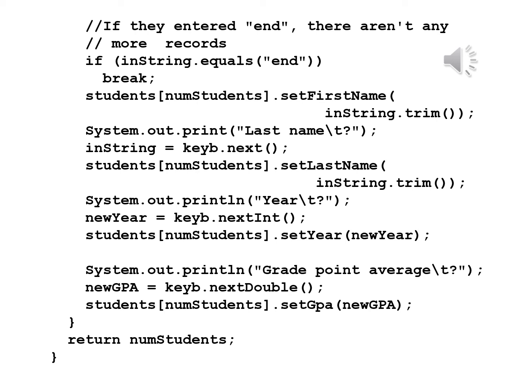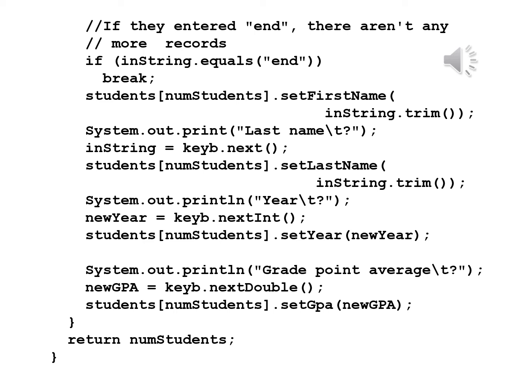Now I'll read the year. System.out.println year, tab, question mark, to prompt the user. New year equals keyboard dot next int to get that year. Students, num students, dot set year, new year will give this particular student a value for the year of their class. Lastly, the grade point average.